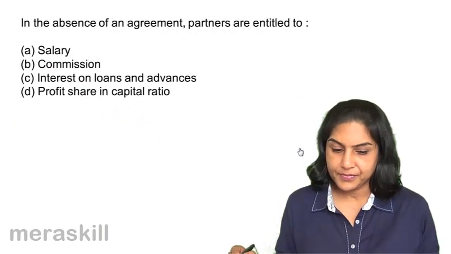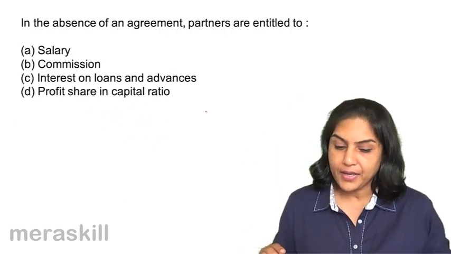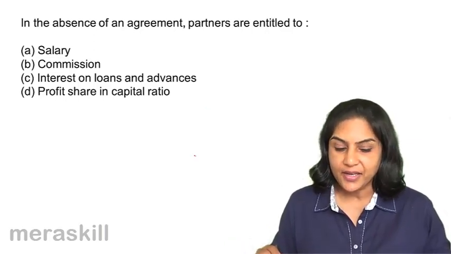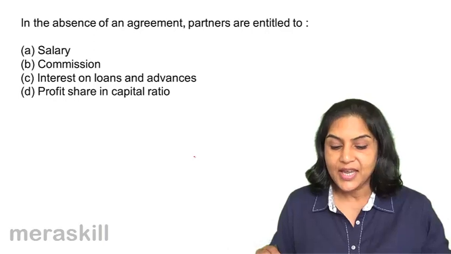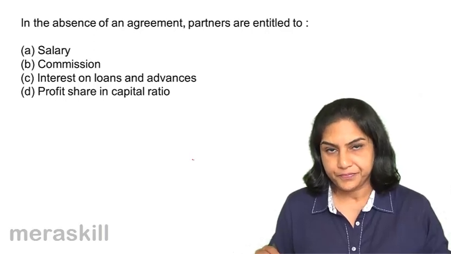Next. In the absence of an agreement, partners are entitled to A salary, B commission, C interest on loans and advances, and D profit share in capital ratio.